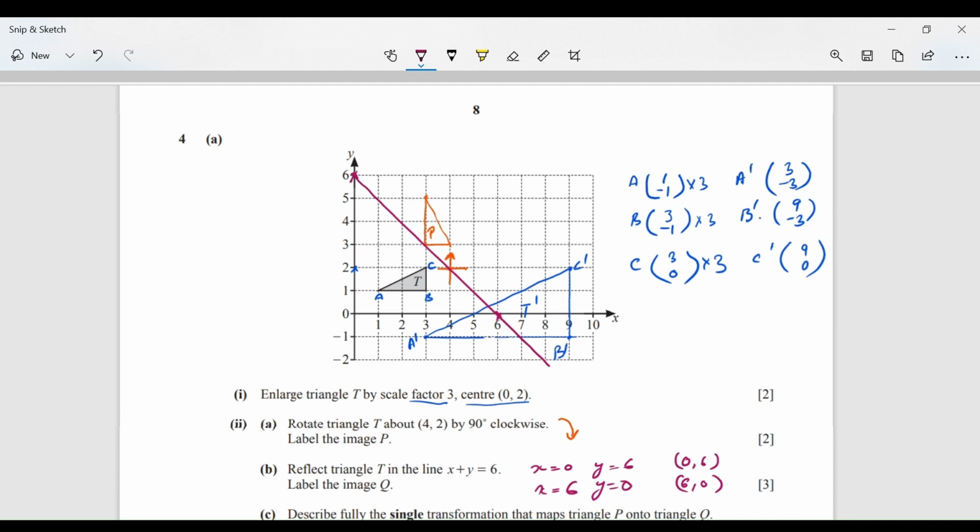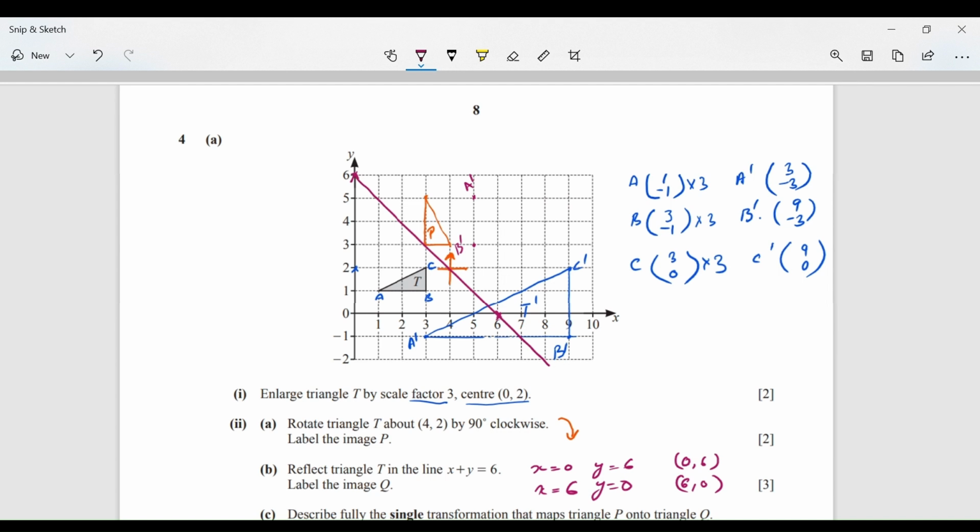So we have to reflect triangle T. Let's mark the points. Let the first point A be 1, 2, 3, 4, four above, that is 1, 2, 3, 4. This will be A prime. Now B will be 1, 2, 2 up, 1, 2. This will be B prime.